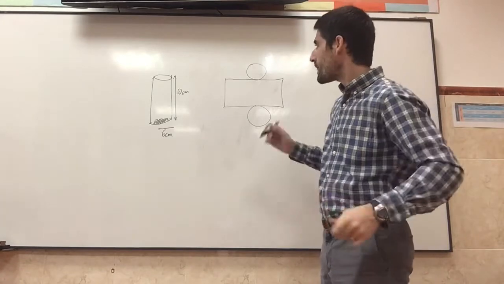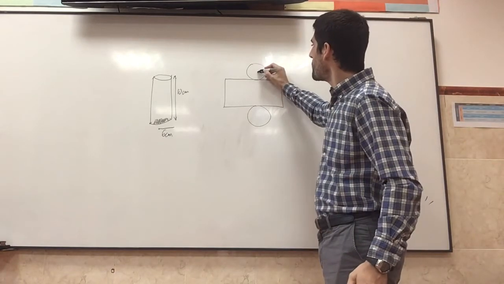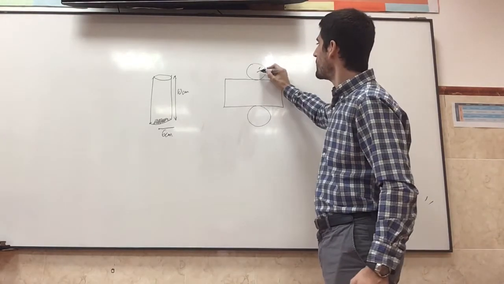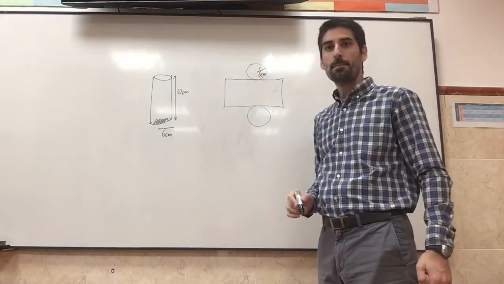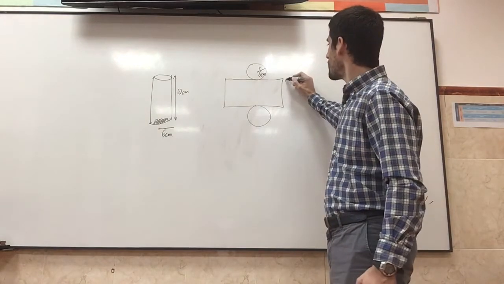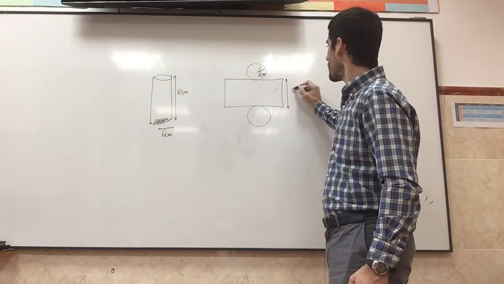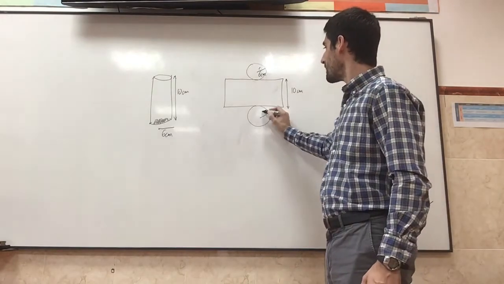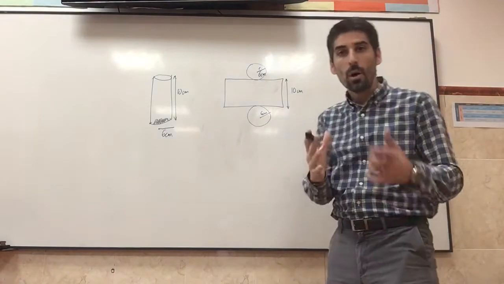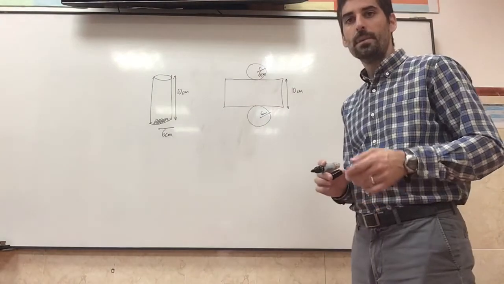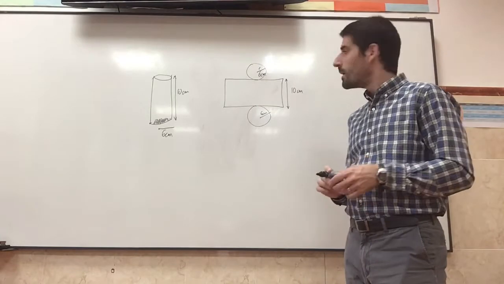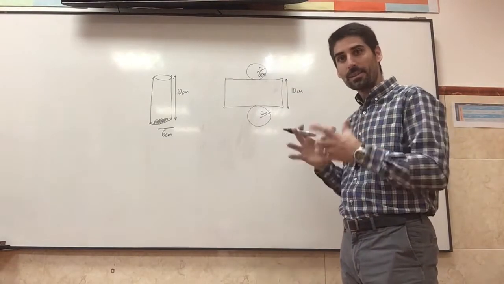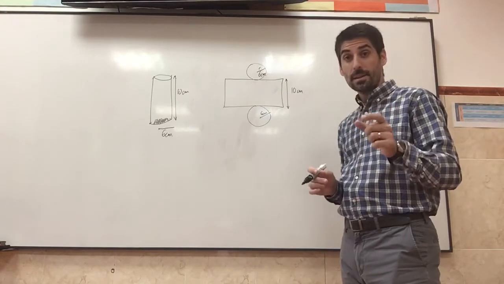Anyway, remember, that's the radius, and it was 6 centimeters, and the length or the height of the tin was 10 centimeters. So for surface area, I need to find the area of each face, so I've got three faces and add them all together. The circles are easy.